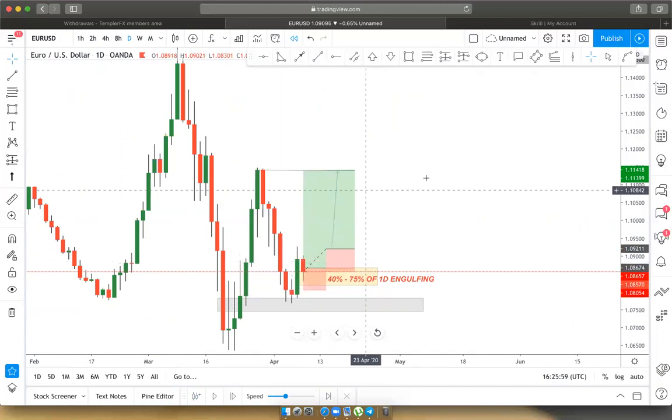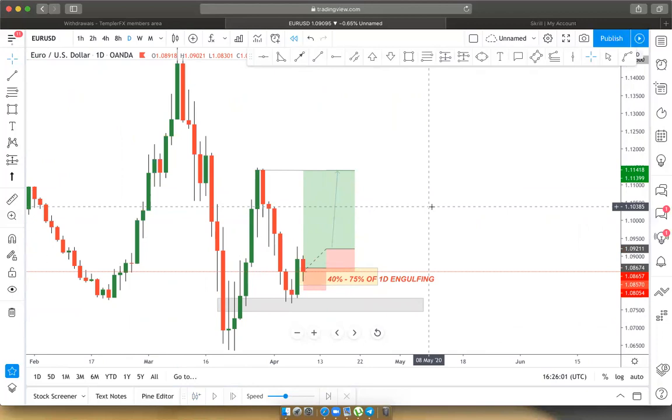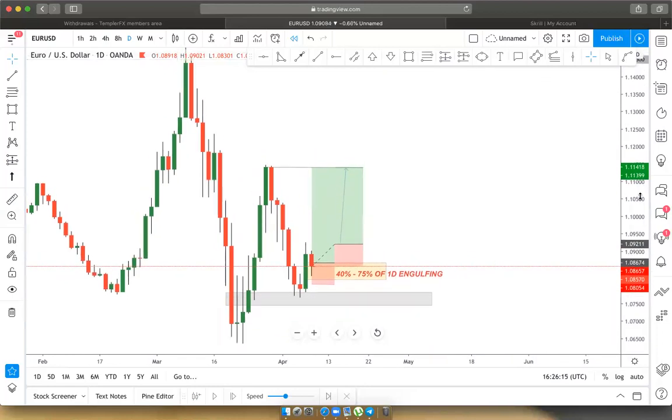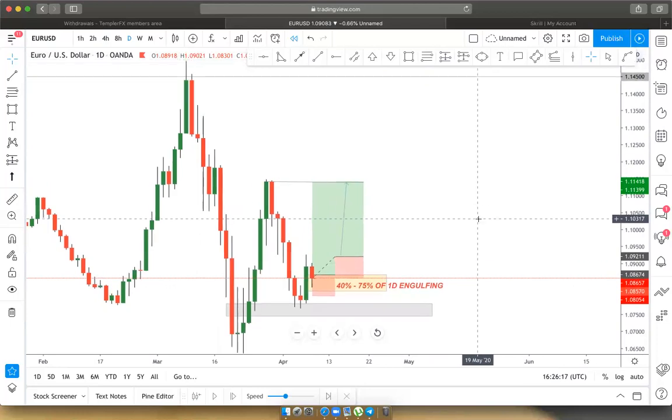As I've been telling the premium members how to trade the engulfing candlestick, that is in my course. Those who have been in my course already know how to trade this engulfing candlestick.